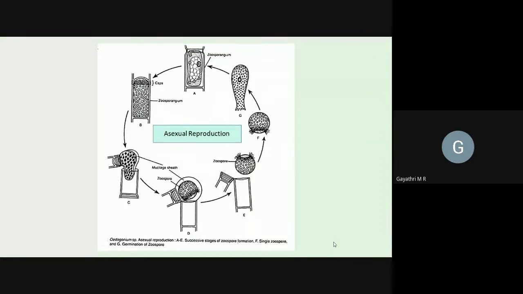Gayatri, present, ma'am. Harshita, Ipshita, Irfa, present, ma'am. Kajol, present, ma'am. Lavanya, present, ma'am. Lavanya N, present, ma'am. Madhu, present, ma'am.